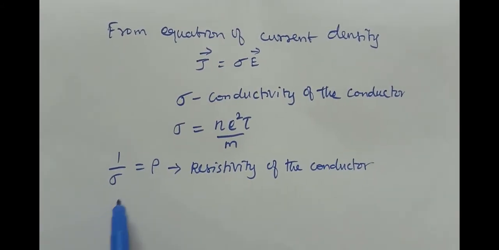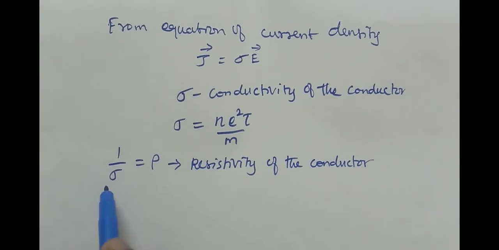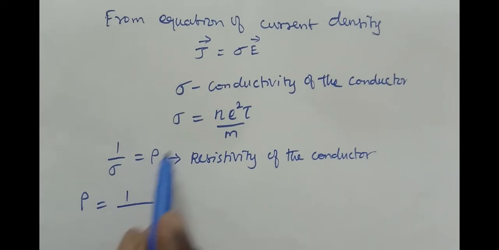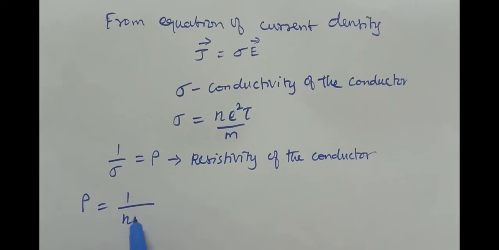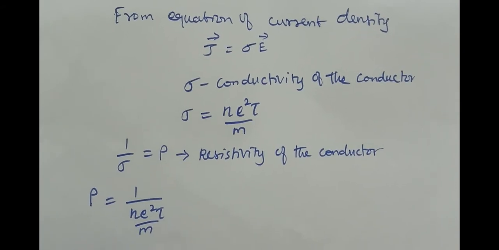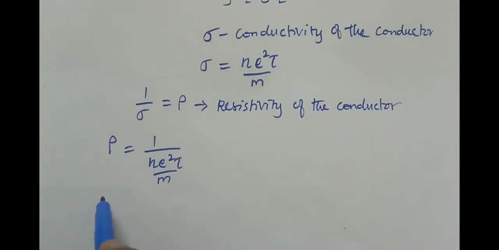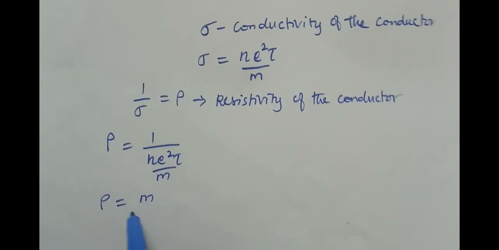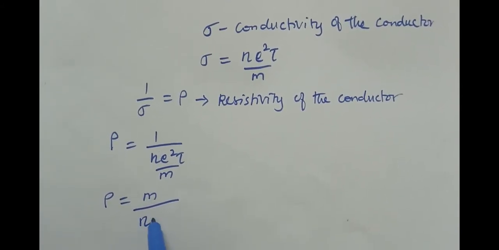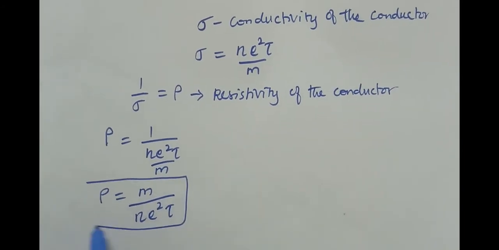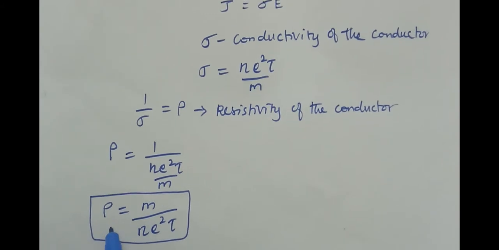Now substitute the sigma value. Rho is equal to 1 by sigma. What is the value of sigma? n e square tau divided by m. And write the proper equation of resistivity. Rho is equal to m divided by n e square tau. This is very important. Resistivity and conductivity.